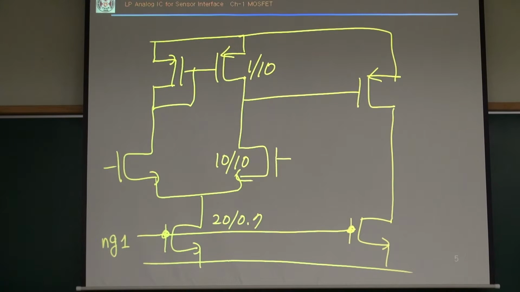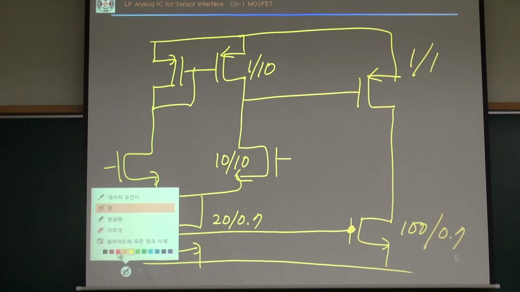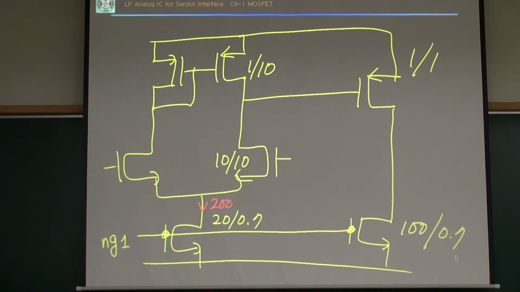So I increased the current. This is 100 by 27, 5 times. At the steady state, we flow 200 nanoamps here, and 100 nanoamps here.